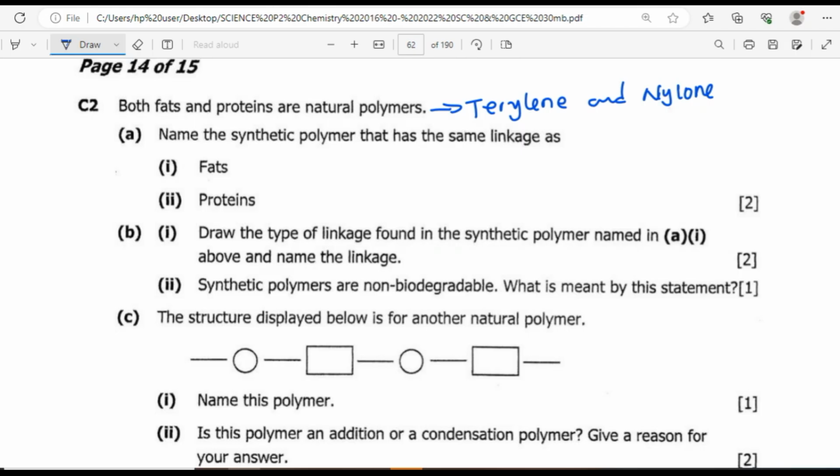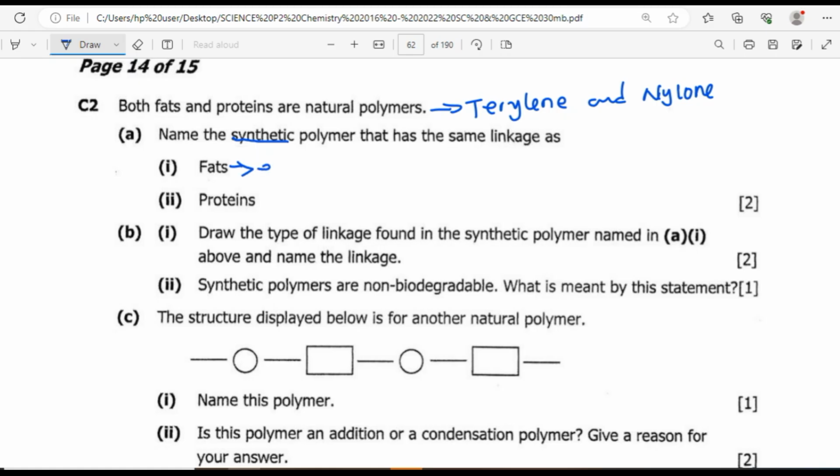They are made by men. Then fats and proteins are just natural. Then name the synthetic polymer that has the same linkage as the fats. So the word synthetic means man-made.